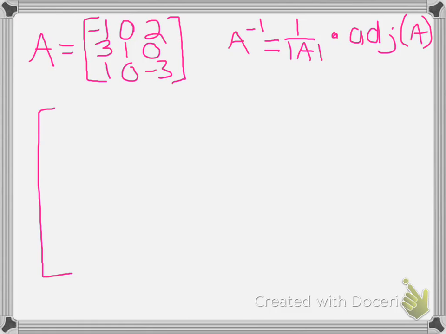If you circle 1 and cross out its row and column, this is your new matrix. So it's going to be 1, 0, 0, -3.